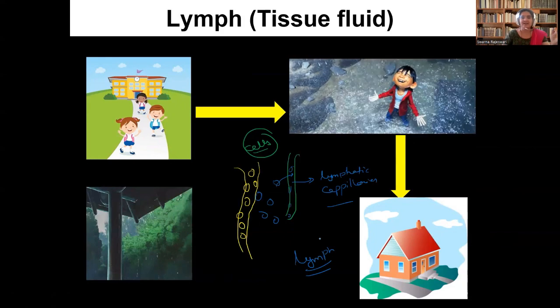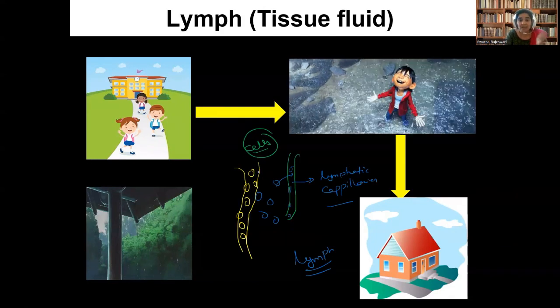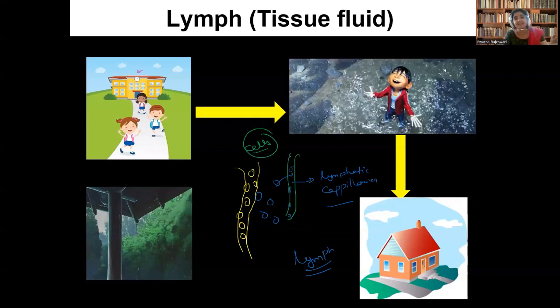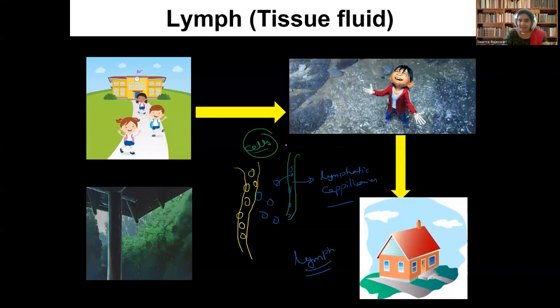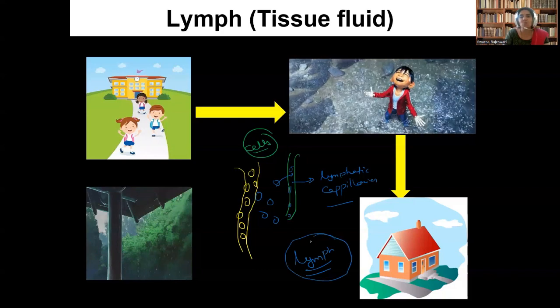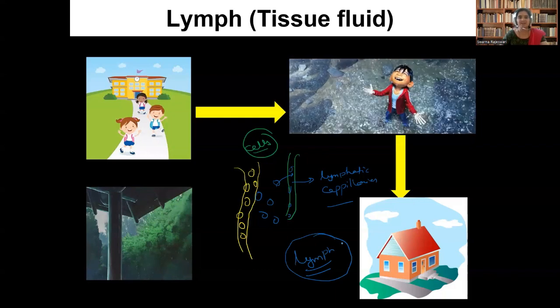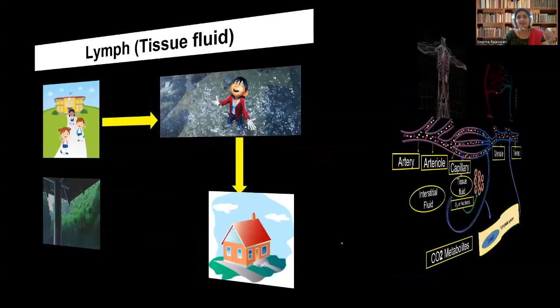So lymph is formed when some of the blood cells ooze out of the capillary wall, and they are collected again in some vessels, which we call lymphatic vessels, which form the lymphatic capillaries and form deposits at one place, what we call lymph. So lymph is nothing but a tissue fluid.